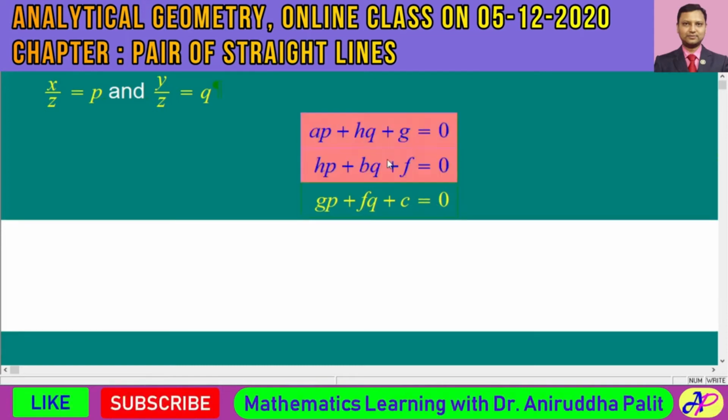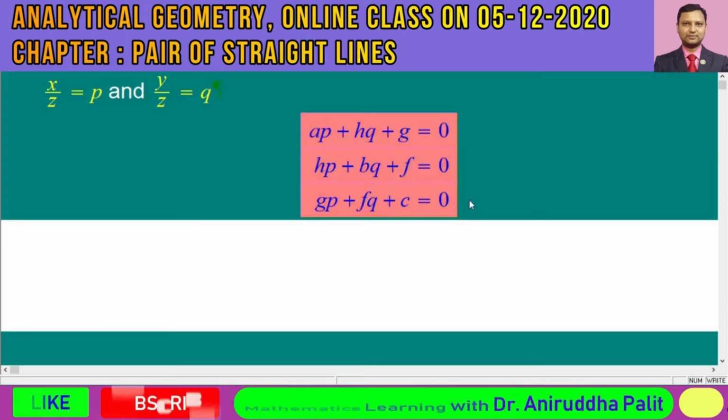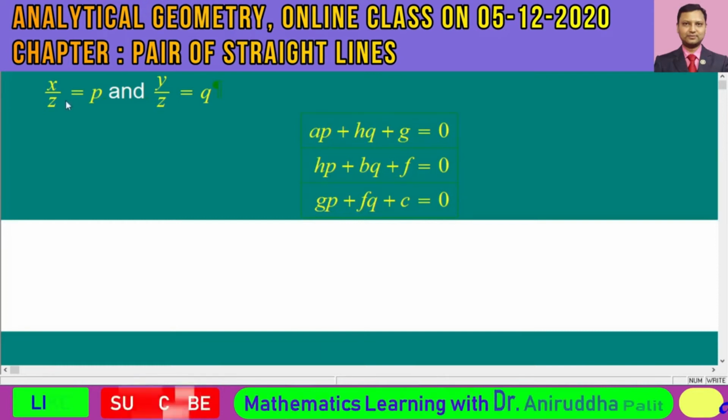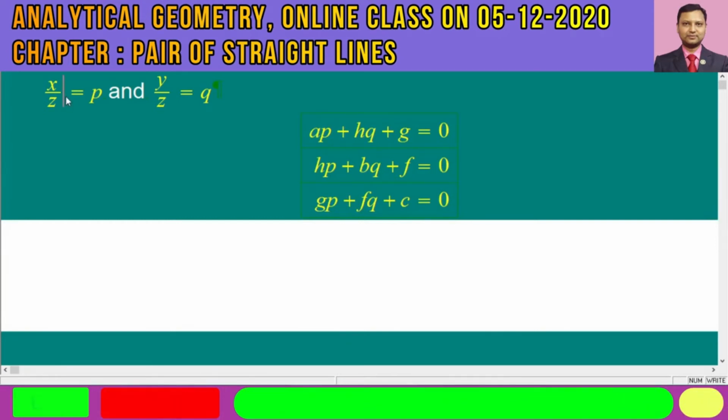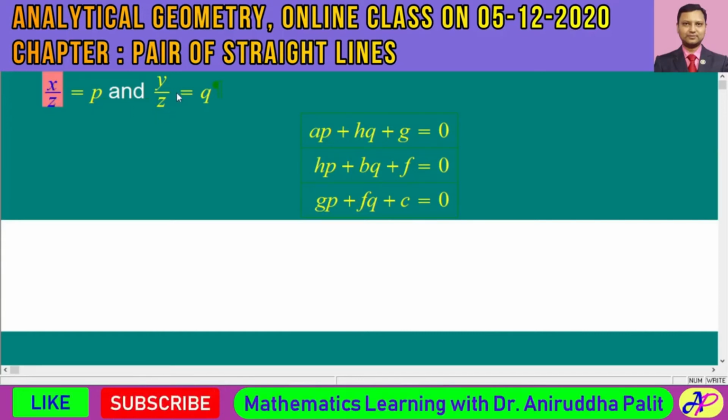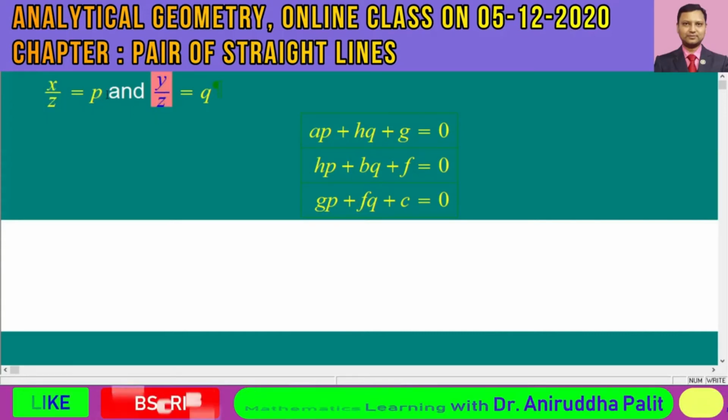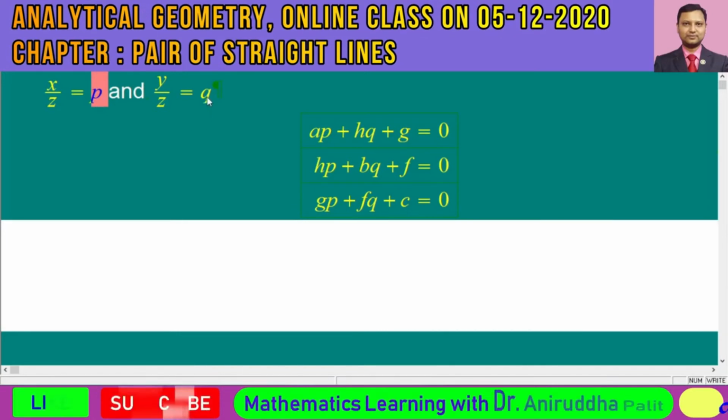So we actually have a result: if delta is equal to 0, we can find non-zero values of x and y and z, and therefore we can always find some values of p and q. Got it?